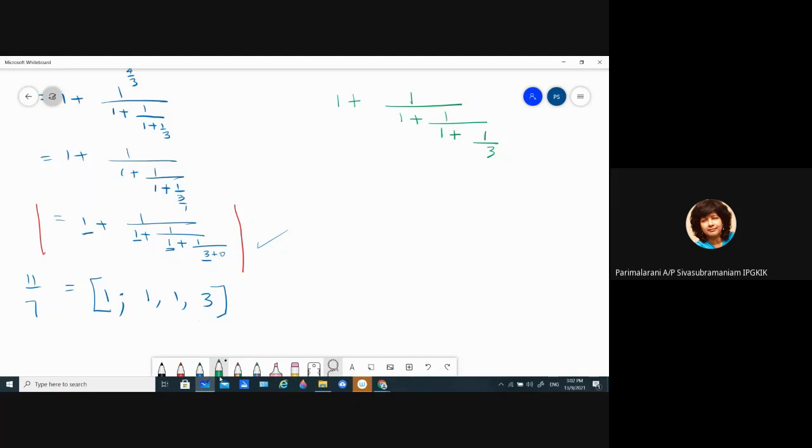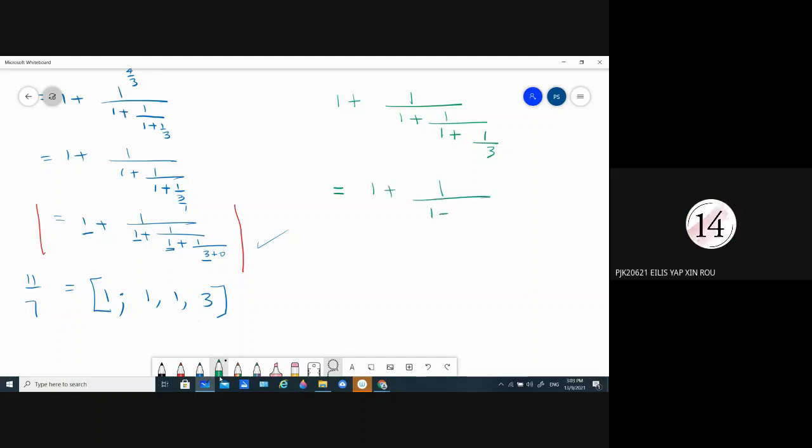How do you do this? You want to simplify, right? So you must start from the bottom. So what is 1 plus 1 over 3? 4 over 3, yeah, 4 over 3, right?